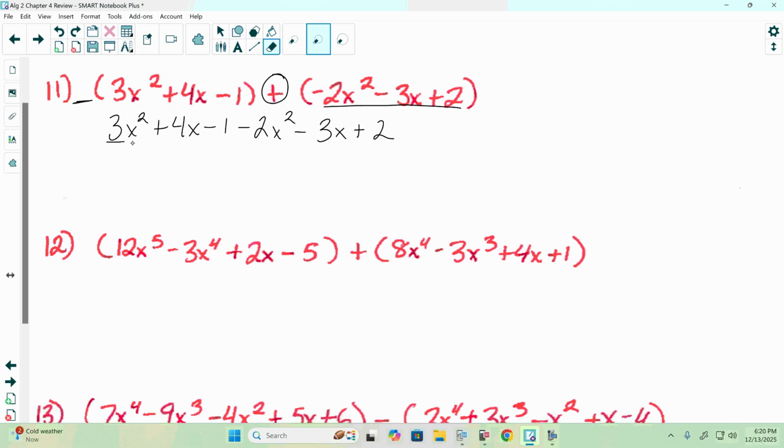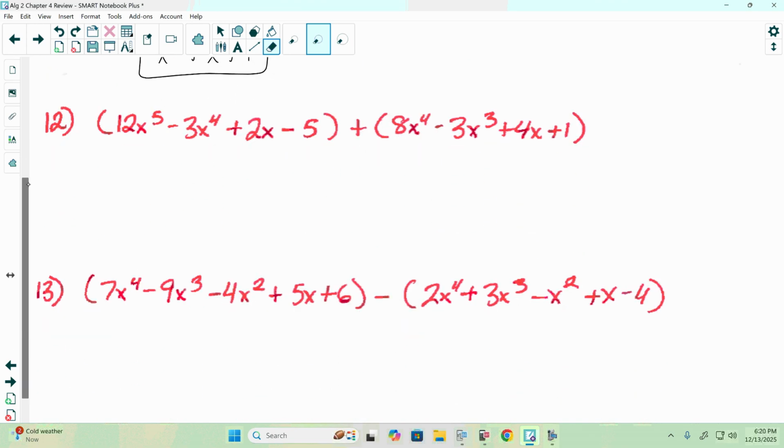Now at this point, we're going to combine like terms. 3x squared minus 2x squared is going to be x squared. 4x minus 3x is going to be plus x. And negative 1 plus 2 is going to be plus 1. Telling us that our final answer is going to be x squared plus x plus 1. And that's it. We're just combining our like terms.